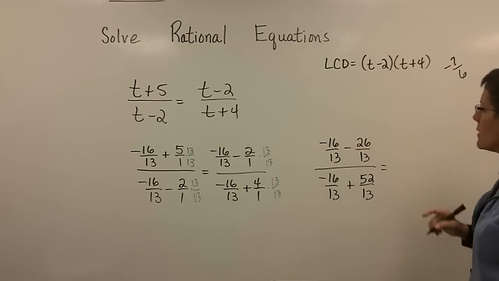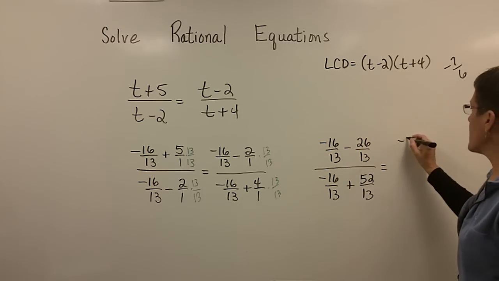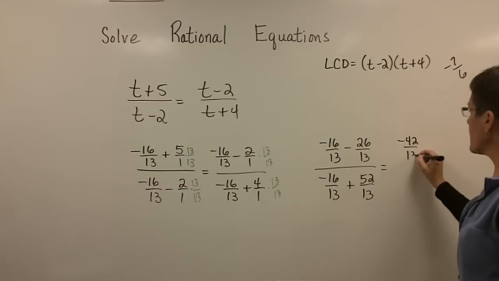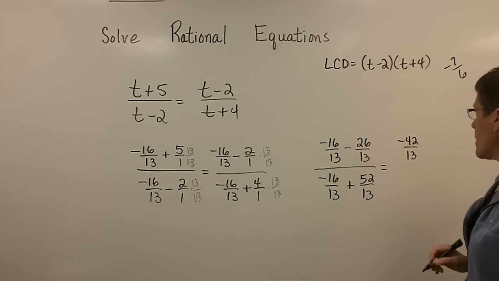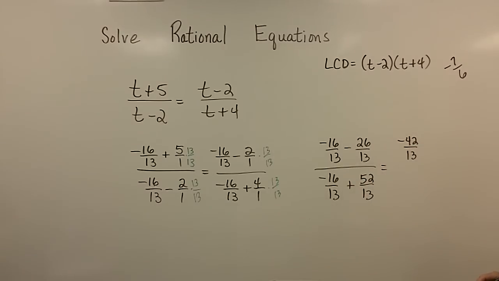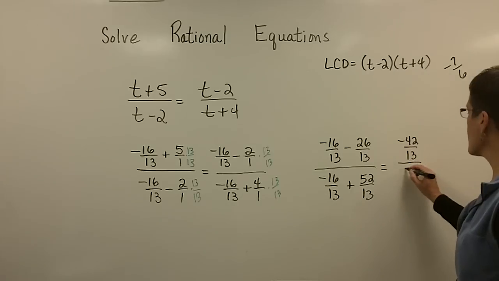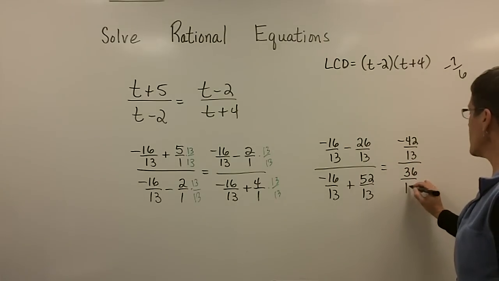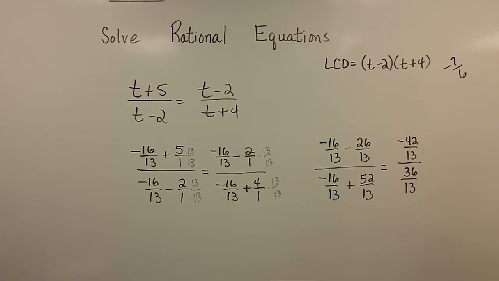And so up here again, I've got that negative 42 over 13. And down here, I've got negative 16 plus 52, so that's going to be 36 over 13.